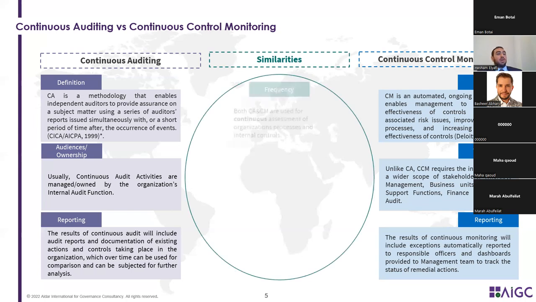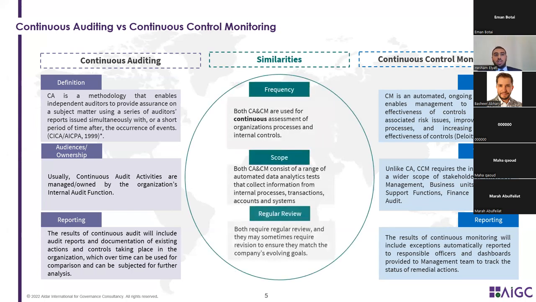But if we're going to talk about the similarities between continuous auditing and monitoring, first of all, the frequency. Both are a continuous assessment of organization processes and internal controls. The scope is also similar. Both consist of a range of automated data analytics tests that collect information from different areas within the processes, and from transactions being processed within the organization.